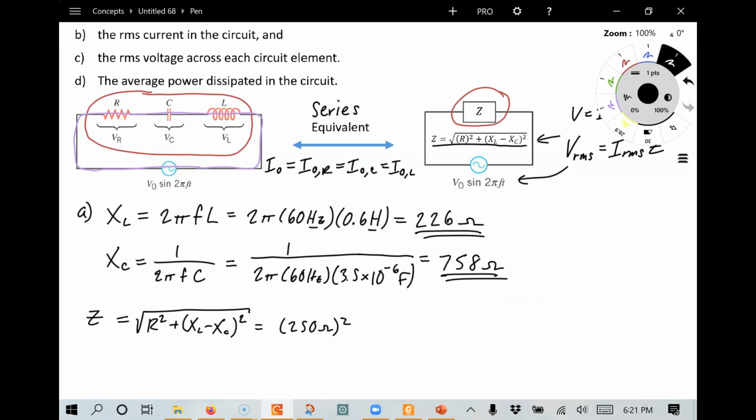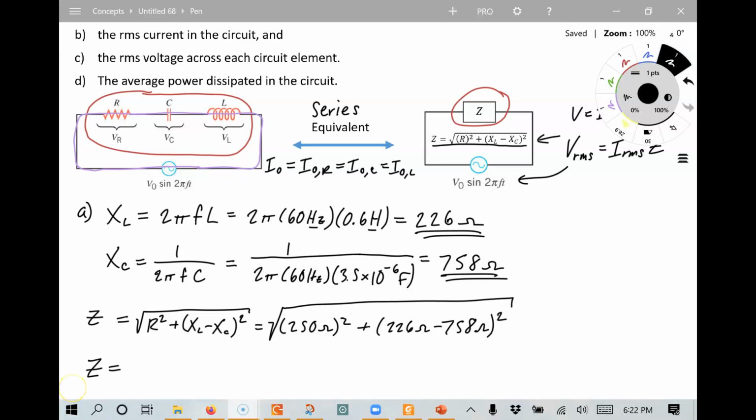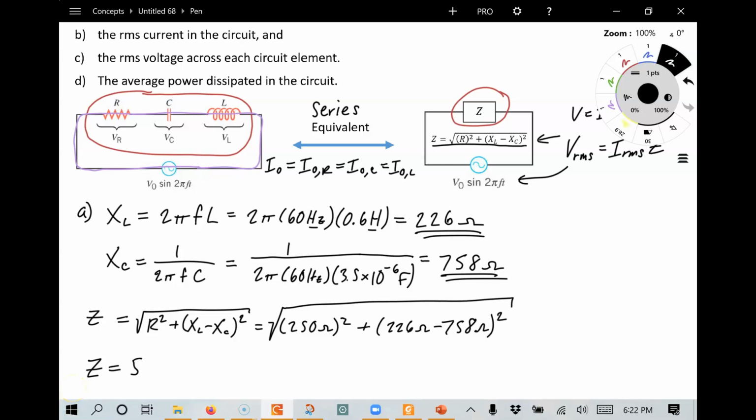Square that. Plus XL minus XC, that's 226 ohms minus 758 ohms. We're going to square that difference and then take the square root of the entire thing. That comes out to 588 ohms for the impedance.